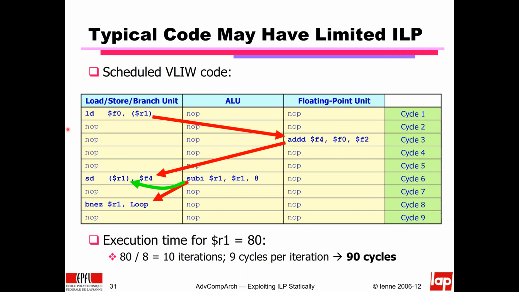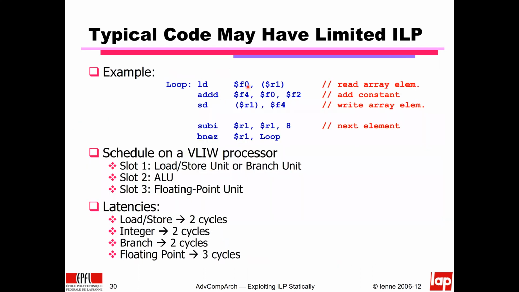But the point is that on the third cycle, I can fetch these 4 instructions again. Now I have a second load, which is available, with the R1 that has been incremented because this was executed in the first cycle.